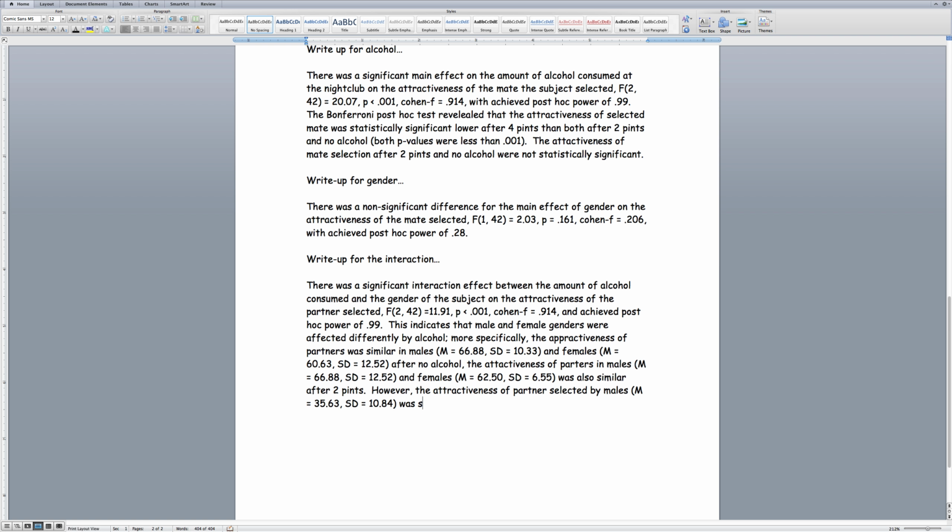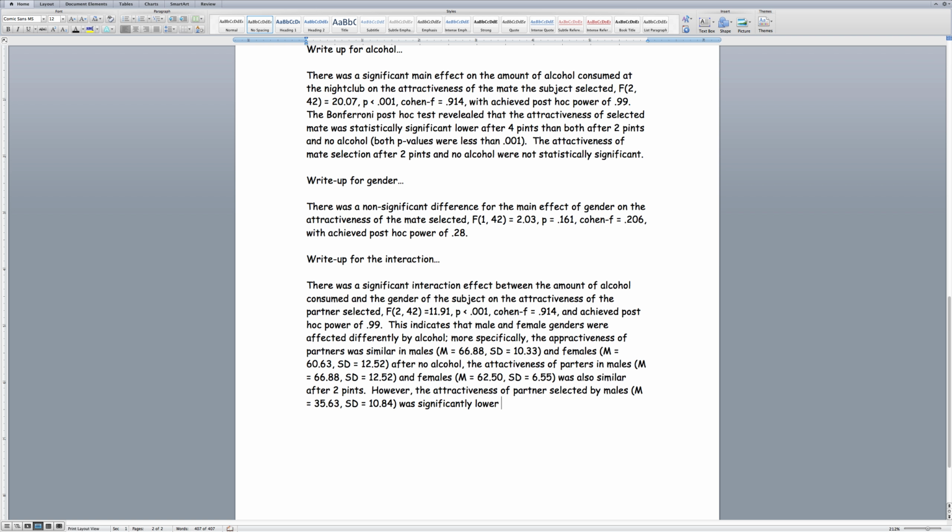So the attractiveness of partners selected by males was significantly lower, and we saw this in the interaction plot. And if I were writing this up, you would definitely want to include the interaction plot that you're getting this information from in general, but I just ran the means and stuff, the marginal means.